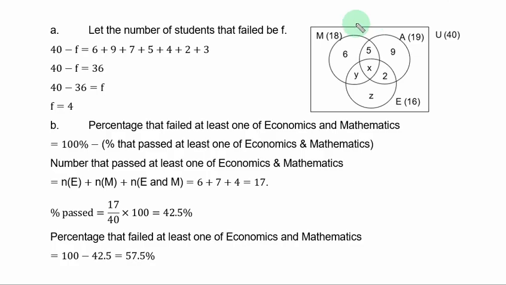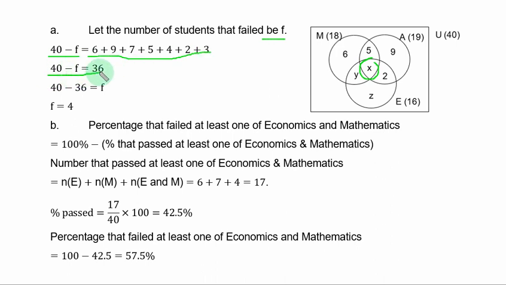A part of the question, we have to find the number of students that failed all 3 subjects. From the information, we know those that pass all 3 subjects. For you to get those that failed all 3 subjects, let the number be F. So you subtract it from the universal set and equate it to the addition of all the elements in the universal set.